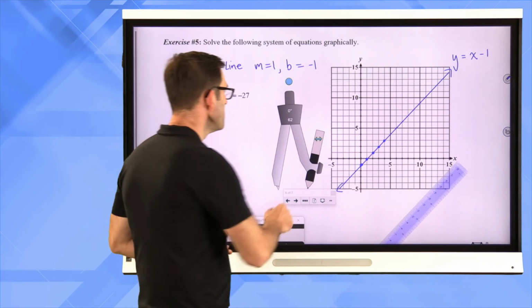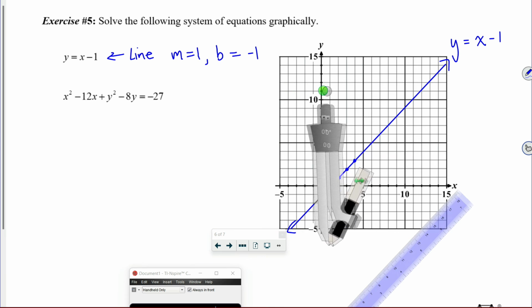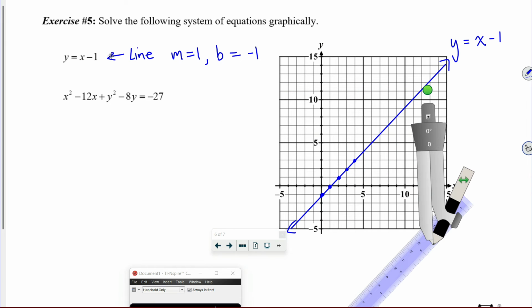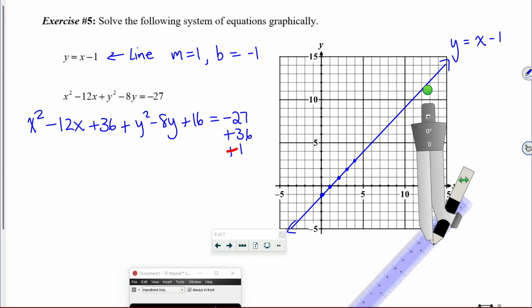All right, well, let me just move my compass out of the way for right now. Here we go. We have x squared minus 12x. Take half of -12, we get -6. Square it, and we get 36. Y squared minus 8y. Take half of -8, we have -4. Square it, and we get 16. And then we have -27 plus 36 plus 16.